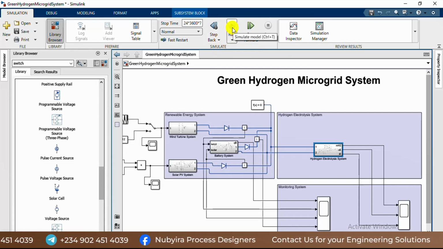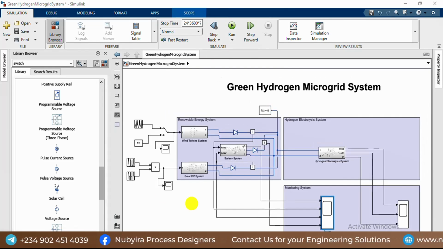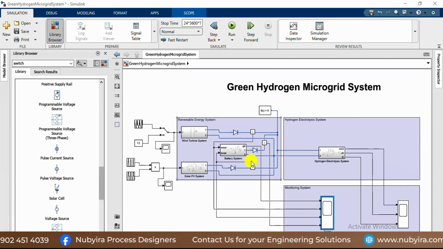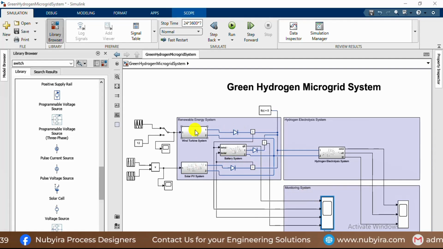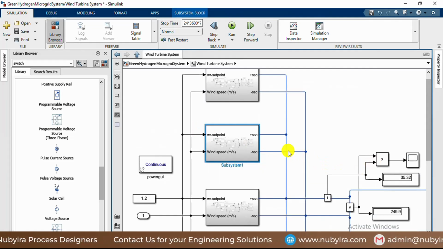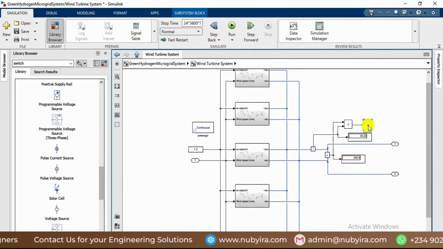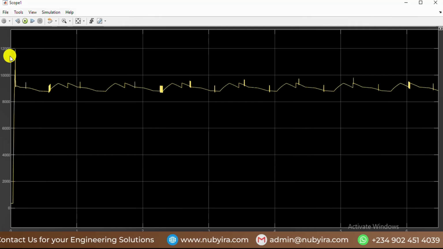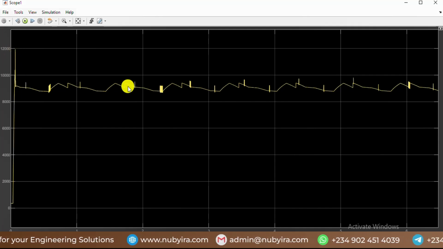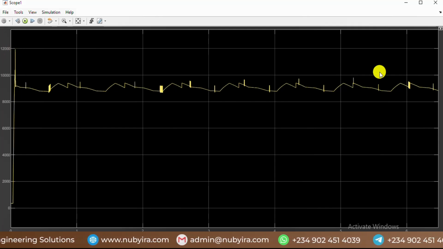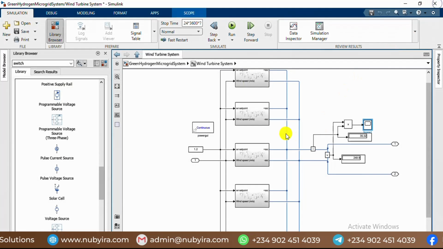So if you run it now, after running it, if you check the result, let's start with the wind farm. You can see the power produced from the wind farm at different points in time.